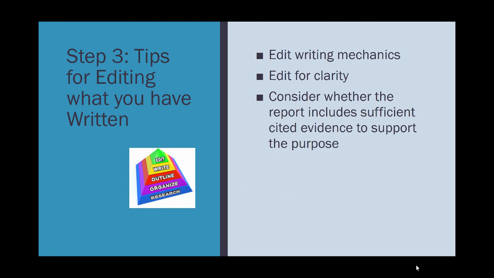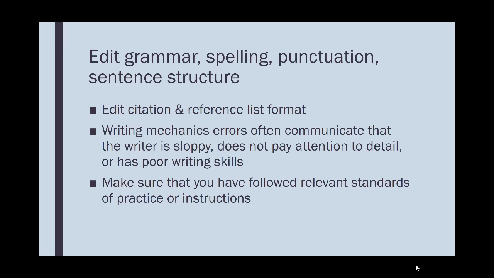The final step here is to edit what you've written, and that has to do with writing mechanics, with clarity, and with evaluating whether you have sufficient evidence. It's important to edit your grammar, your spelling, your punctuation, your sentence structure. Also important to edit the citation and the reference list format.